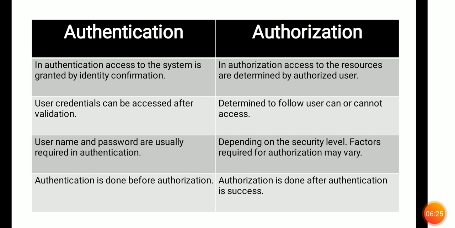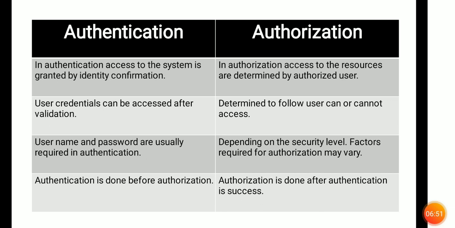Coming on to authentication and authorization. In authentication, access to the system is granted by identity confirmation. In authorization, access to resources is determined by the authorized user. In authentication, the user's credentials can be accessed after validation.